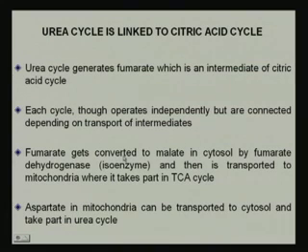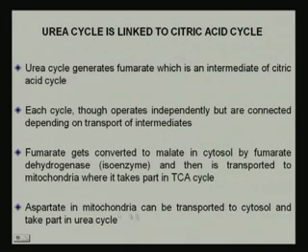Fumarate gets converted to malate in cytosol by fumarase, one of the isozymes, and then it is transported to mitochondria where it takes part in the TCA cycle. So, in the mitochondria, this fumarate takes part in the citric acid cycle.